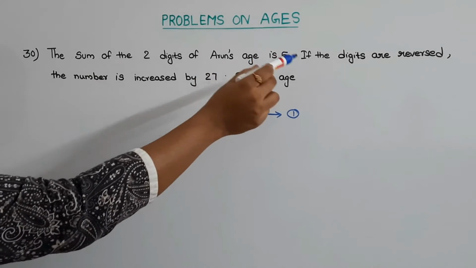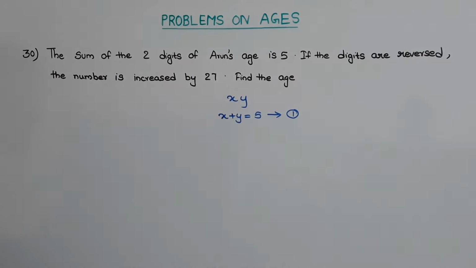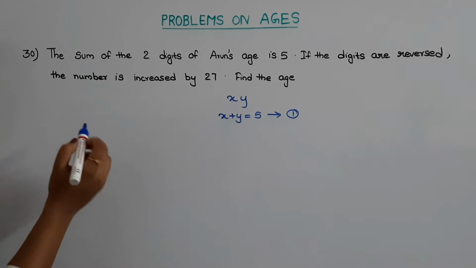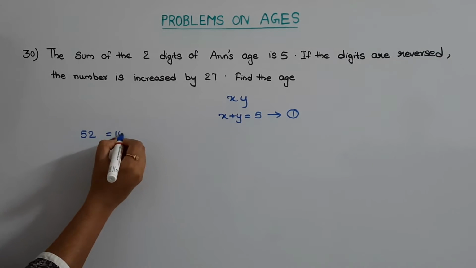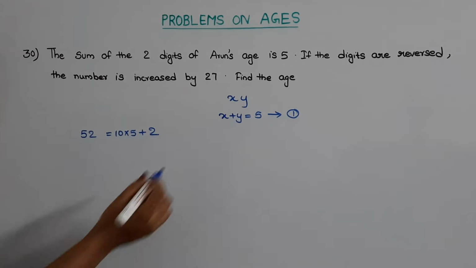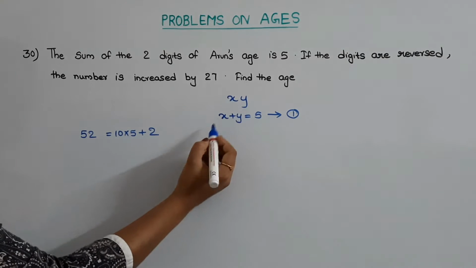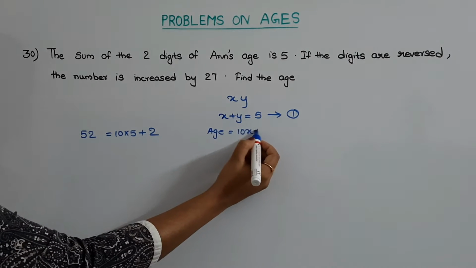Then they are telling that if the digits are reversed, the number is increased by 27. See, if a person's age is 52, we can write this as 10 into 5 plus 2. So if the age is XY, we can write the age as 10x plus y.